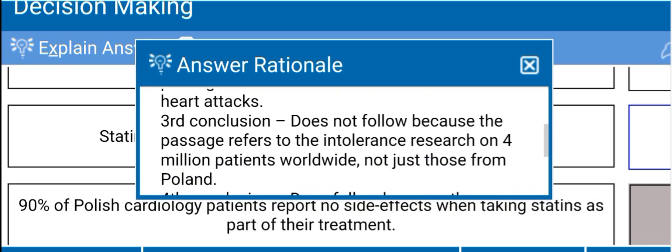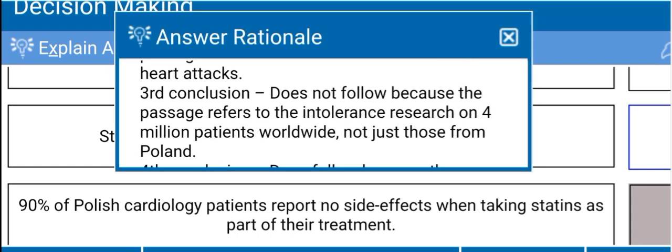Third conclusion, that 90% of Polish cardiology patients report no side effects when taking statins as part of the treatment.